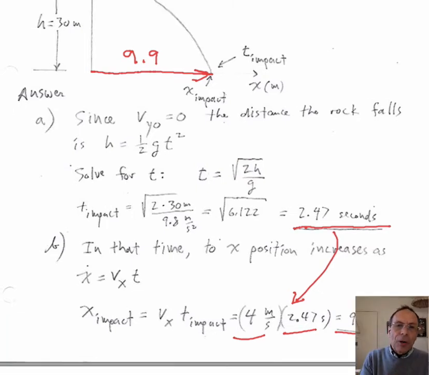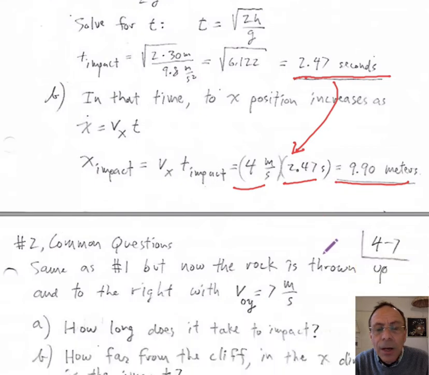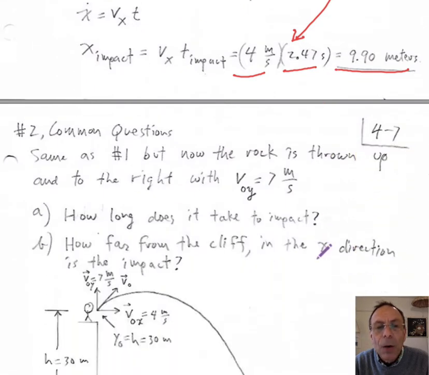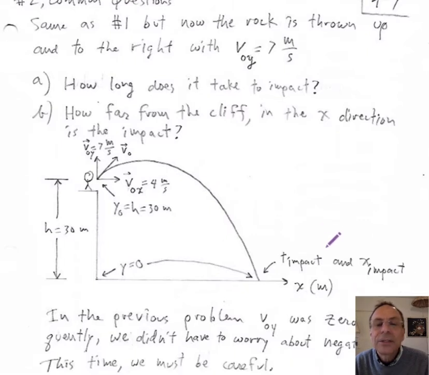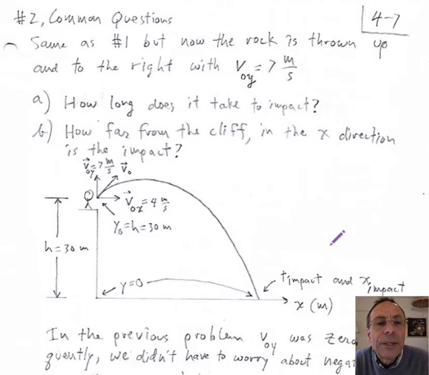So we just did a problem which was extra easy because the initial velocity was just horizontal. There was no initial y velocity. In this next one, there is a y velocity at the start. And so it's going to be quite a bit more complicated because of that. Let's take a look.